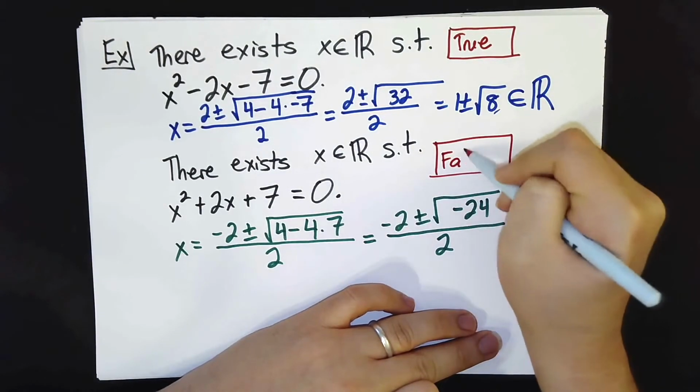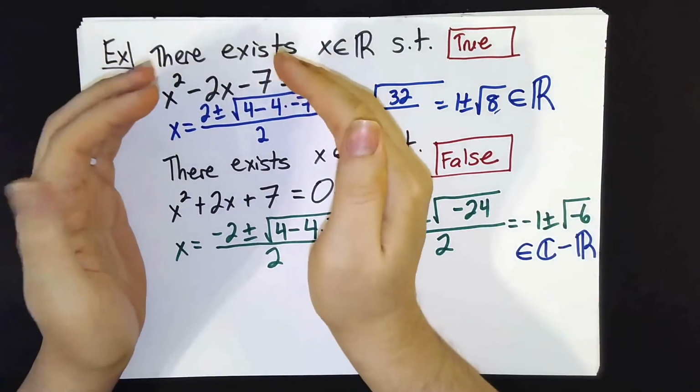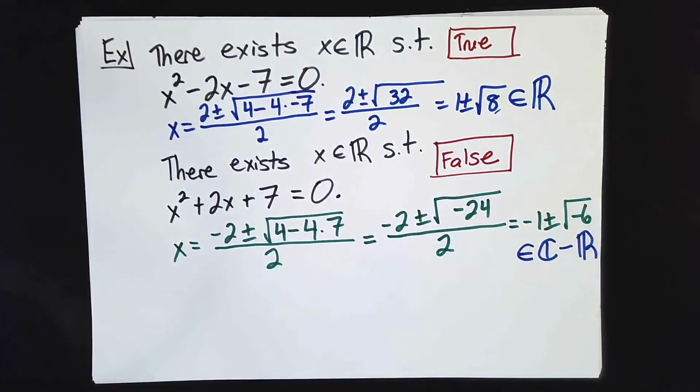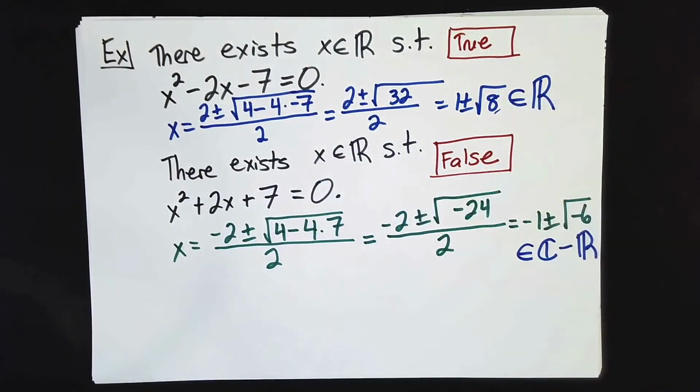So most math comes down to saying one of these two things. Either everything in a set has a property, or there's something in a set that has this property. And those are the two quantifiers. There's no third quantifier or anything. There's just the for every quantifier and the there exists quantifier.